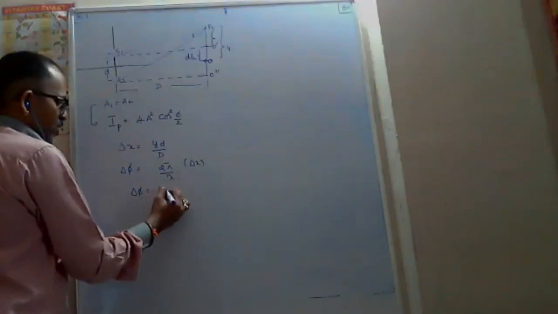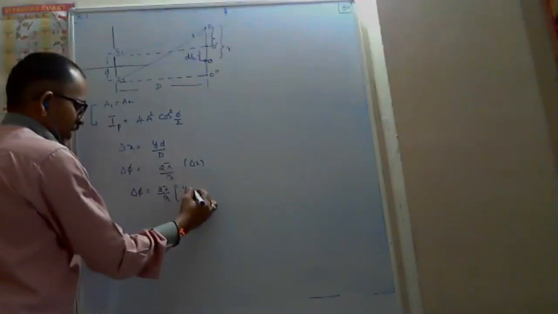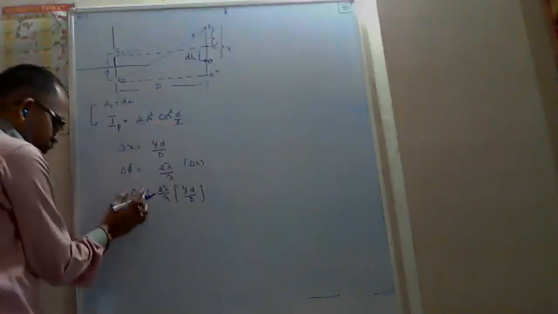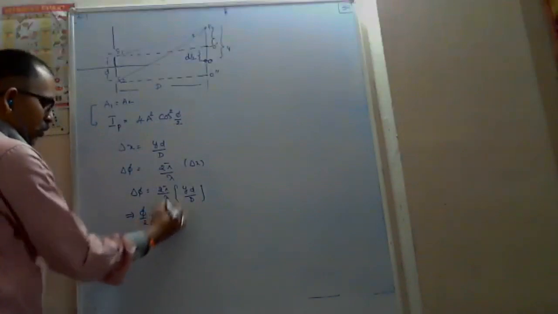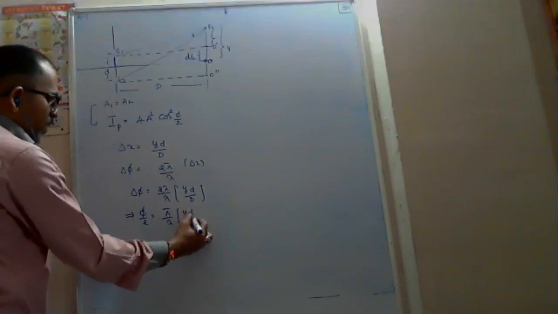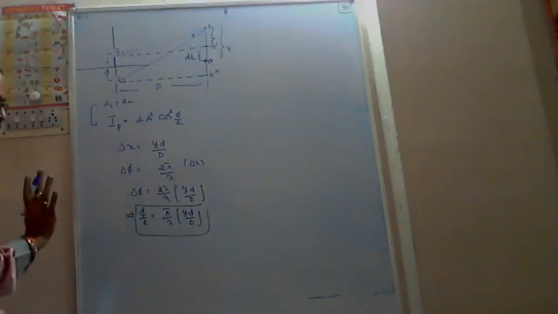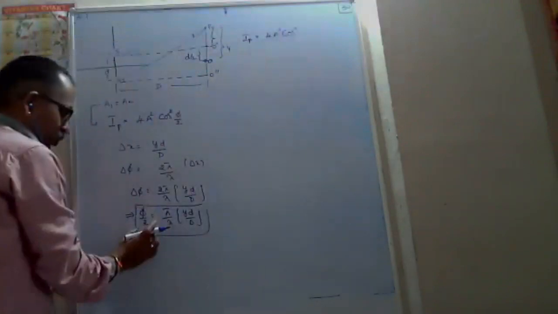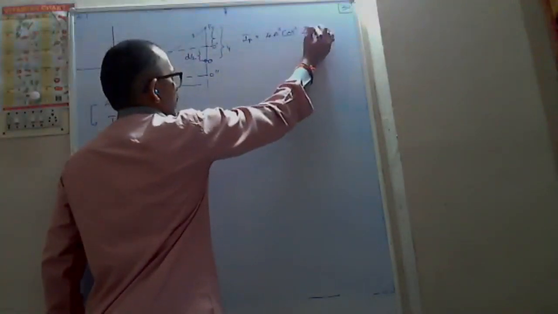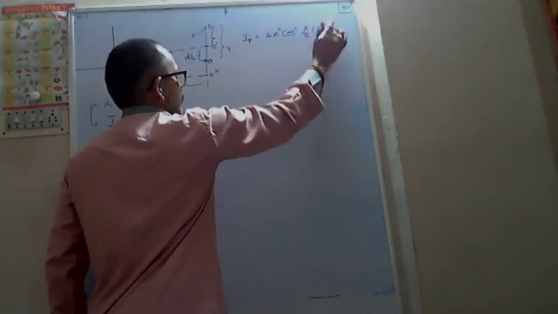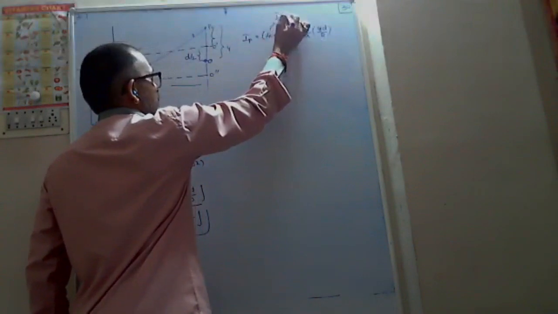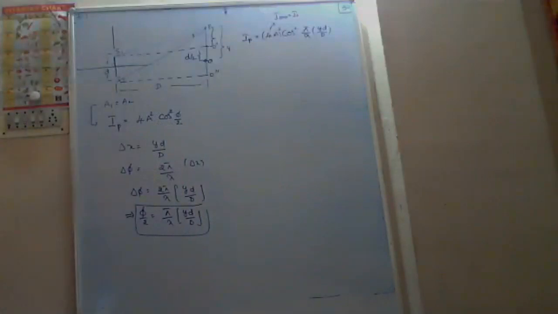So delta phi equals 2 pi by lambda into delta x, which is yd by D. So phi by 2 equals pi by lambda into yd by D. Therefore, the intensity at point P equals 4a squared cos squared phi by 2, substituting pi by lambda into yd by D. Keep in mind 4a squared is the maximum intensity, that is I naught.